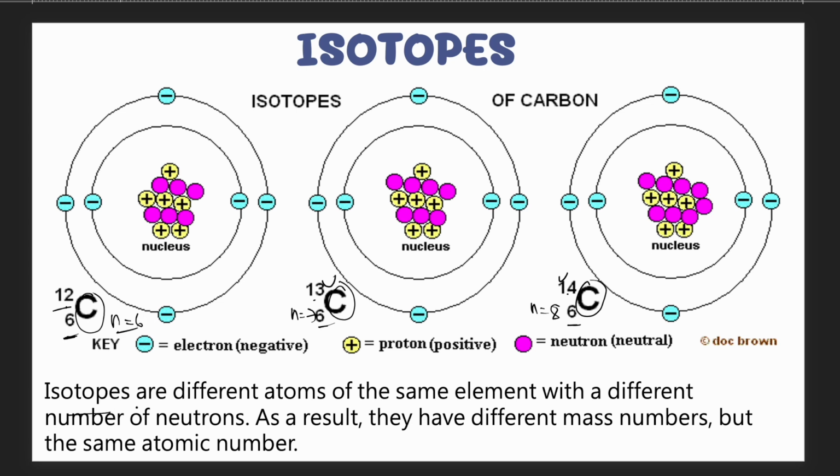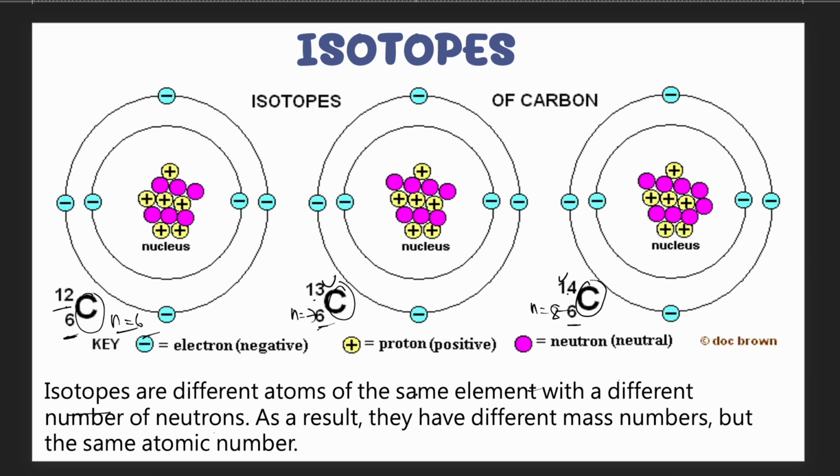So isotopes are different atoms of the same element with different numbers of neutrons: 6, 7, and 8. As a result, they have different mass numbers but the same atomic number, because it's the same element.